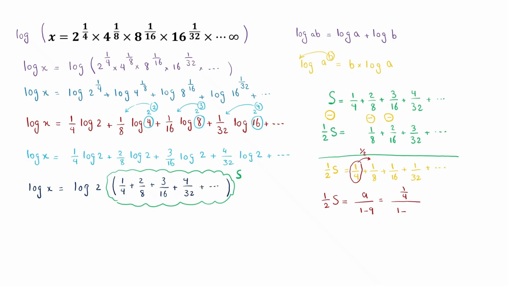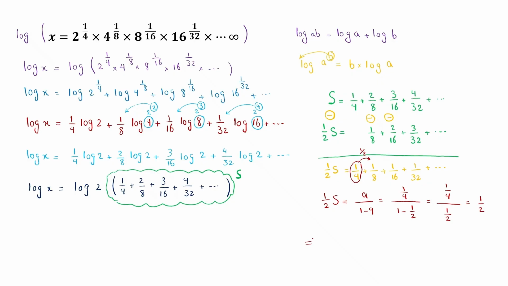Also 1 over 8 multiplied by 1 over 2 is 1 over 16. So the common ratio is 1 over 2. If I simplify that, it is 1 over 4, and 1 minus 1 over 2 is 1 over 2. If you simplify 1 over 4 divided by 1 over 2, you will get just 1 over 2.